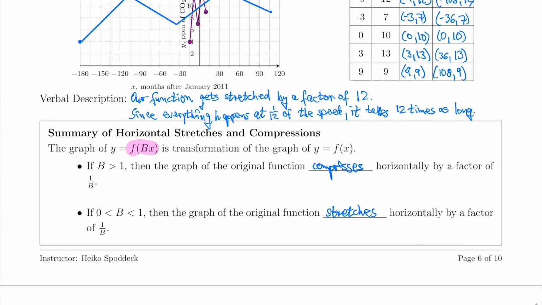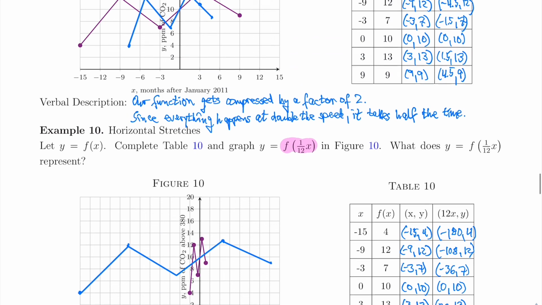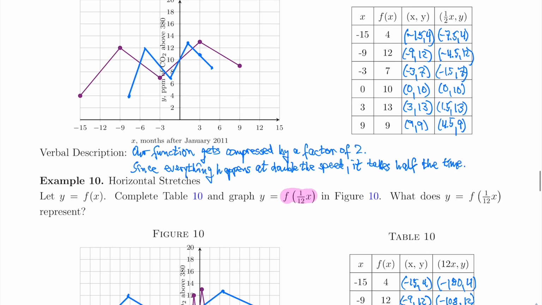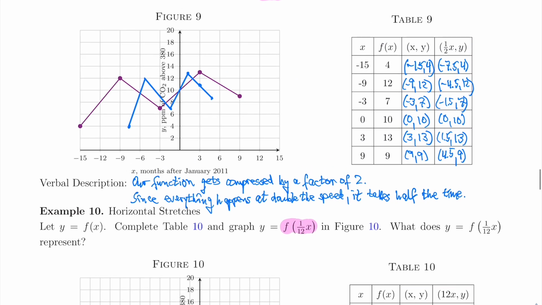And I just realized I made one small mistake in the beginning when I should have actually said that our function got compressed by a factor of 1/2. So I'm going to change that now to say that our function gets compressed by a factor of 1/2.